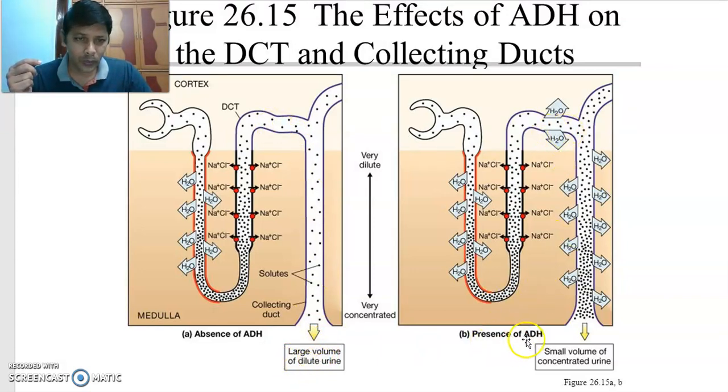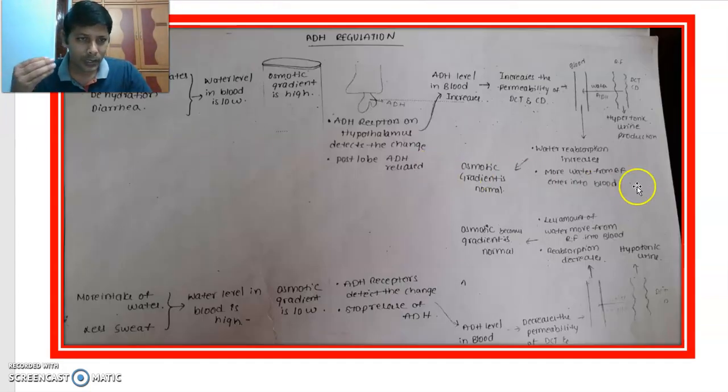Because of the presence of ADH hormone, a small amount of concentrated urine is formed. Therefore, water is conserved in the body and water reabsorption increases. More water from the renal filtrate is absorbed into our blood, and the osmotic gradient, which became high, now becomes normal as water is reabsorbed.